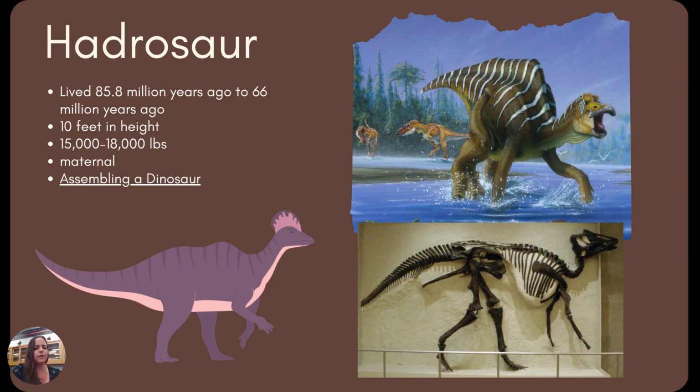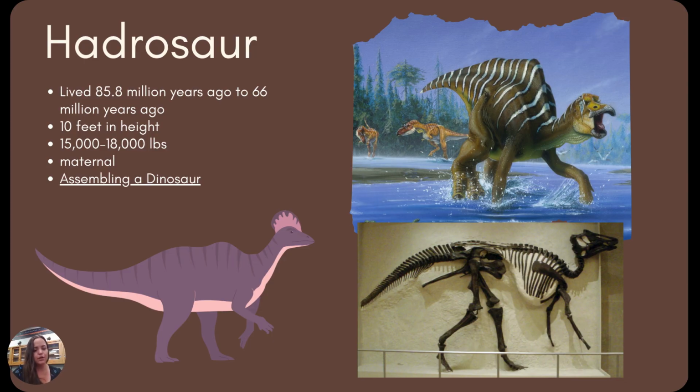And the last one that we'll talk about is the hadrosaur, which is definitely a dinosaur. This one lived between 85 or 86 million years ago to 66 million years ago, when the dinosaurs went extinct. It was about 10 feet in height, and it weighed 15,000 to 18,000 pounds.